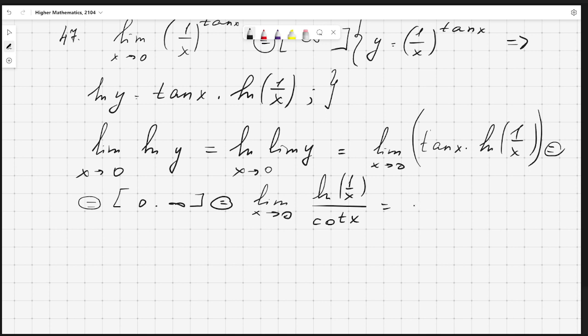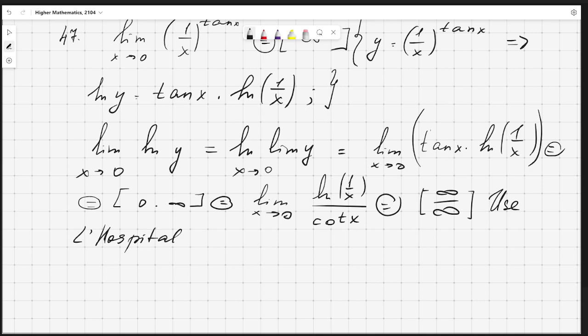And we have in this case infinity over infinity. We can use L'Hopital's rule.